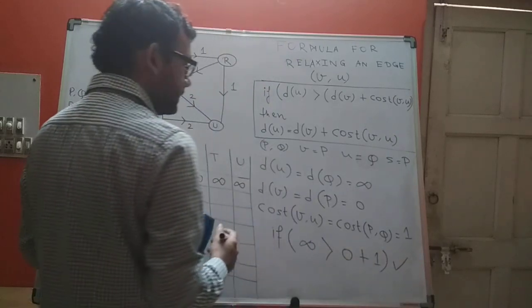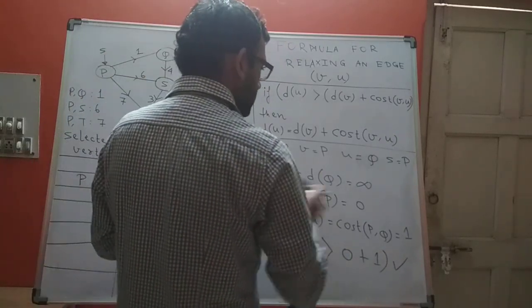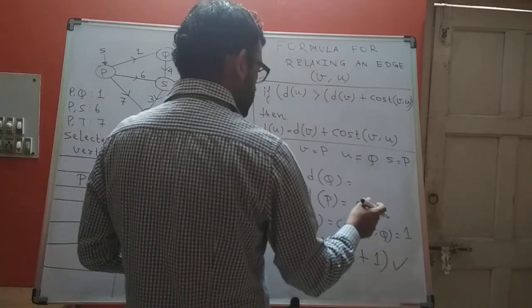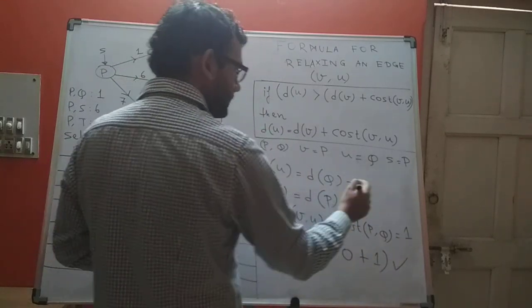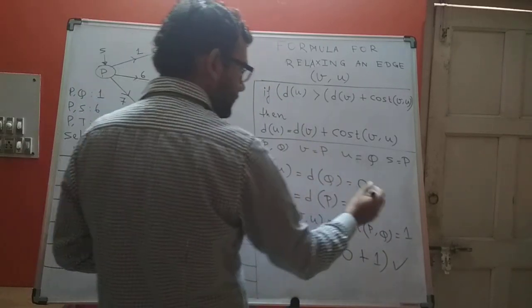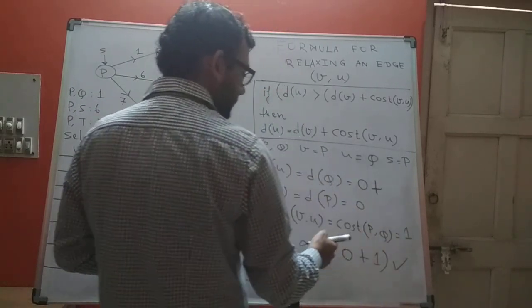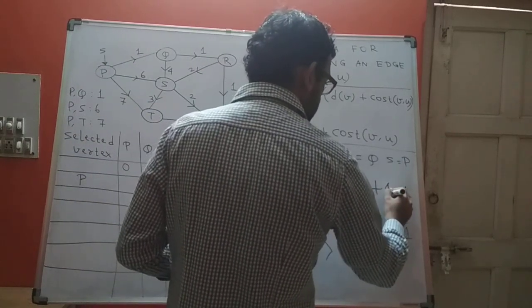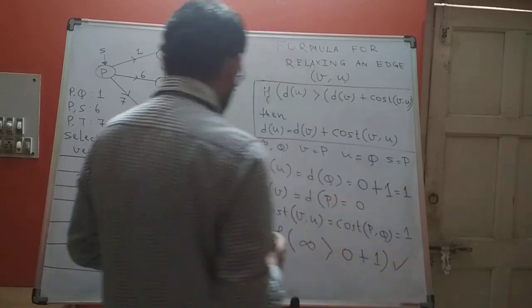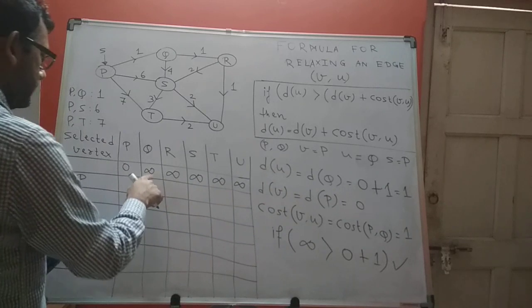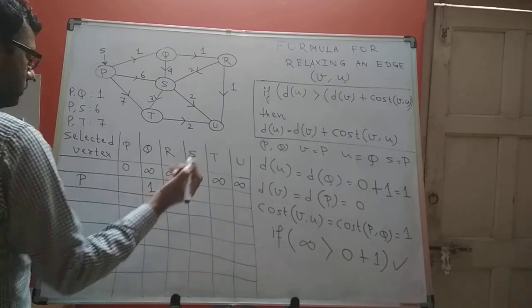Since this condition is satisfied, I'll update my du by adding dv and the cost. dv is 0 and my cost is 1, so 0 plus 1 is 1. So now du becomes 1. That means dq, the distance of Q, becomes 1.